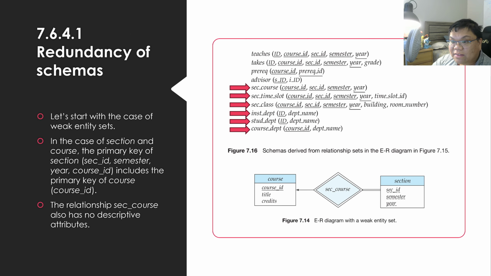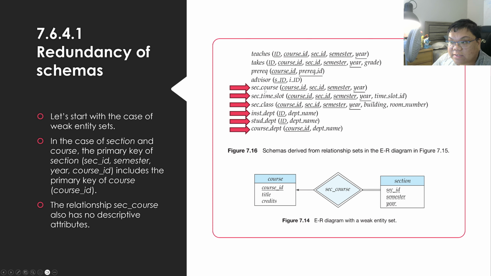Let's start with the case of weak entity sets. So section is a weak entity set whose existence depends on course. So the primary key of section is going to be the union of its discriminator and the primary key of course. So the primary key attributes are section ID, semester, year, and course ID.